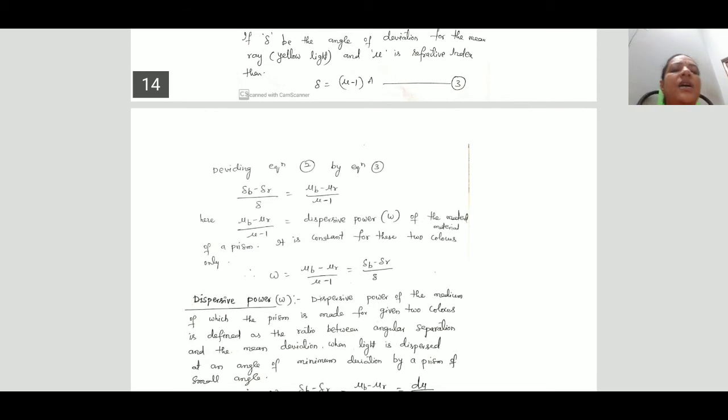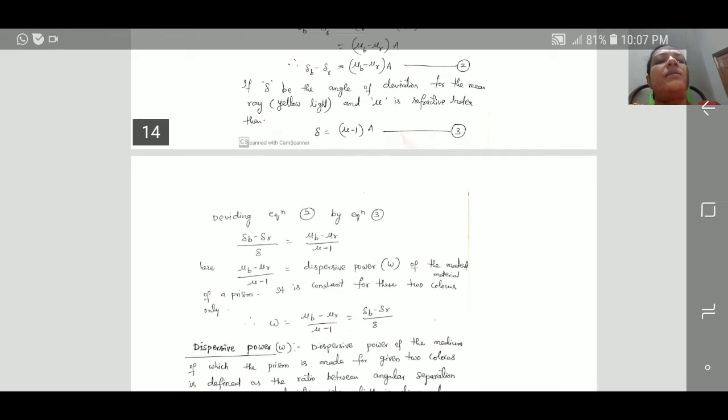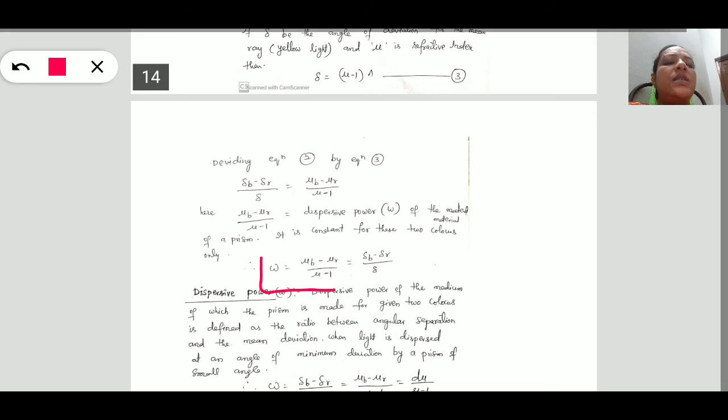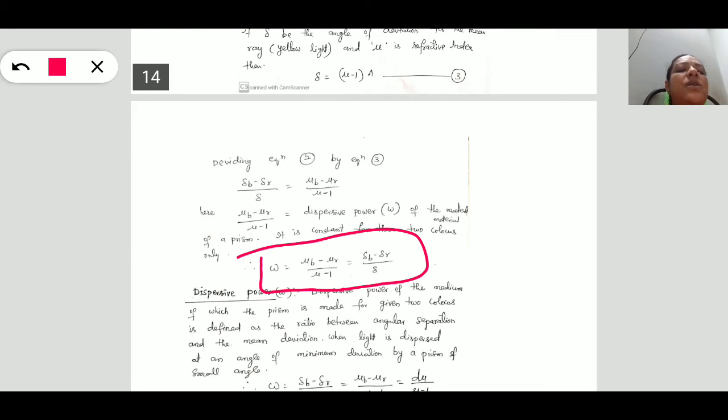So this is the actual mathematical form of dispersive power, that is ω = (μB − μR)/(μ − 1) = (δB − δR)/δ.